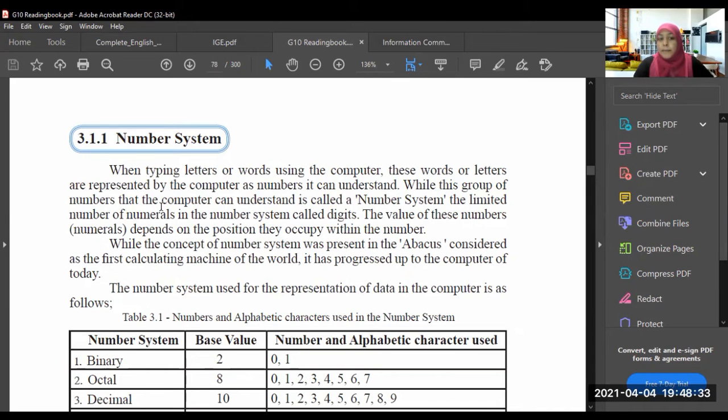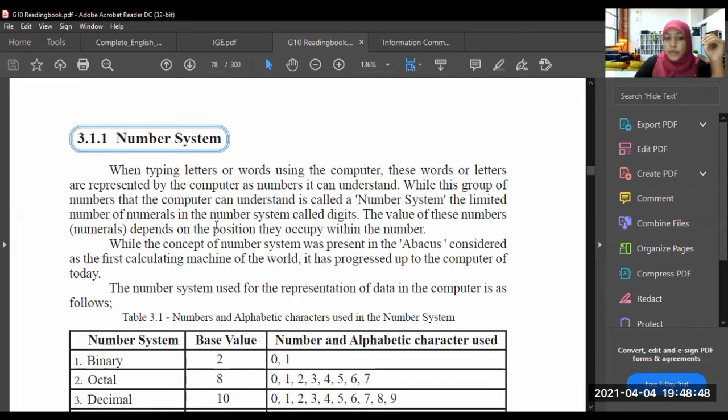This group of numbers that the computer can understand is called a number system.